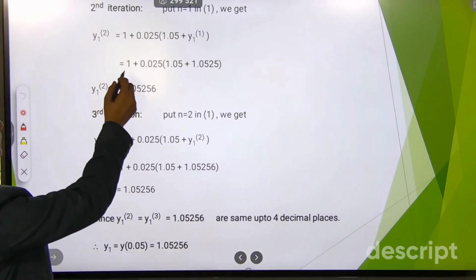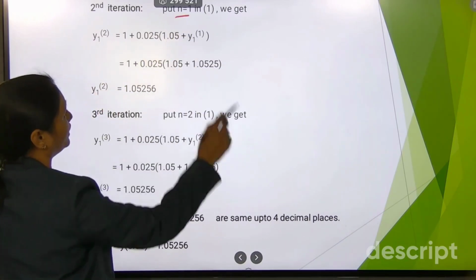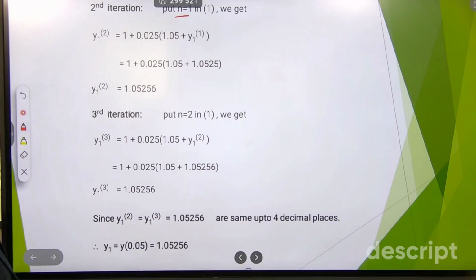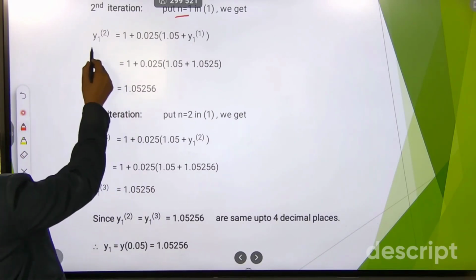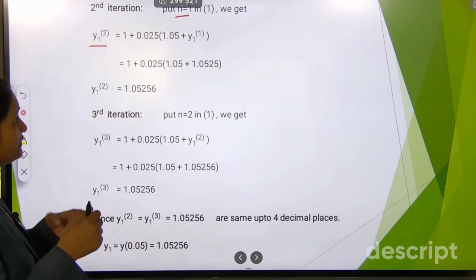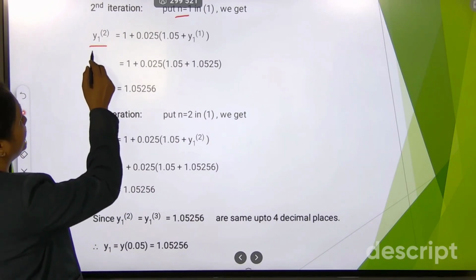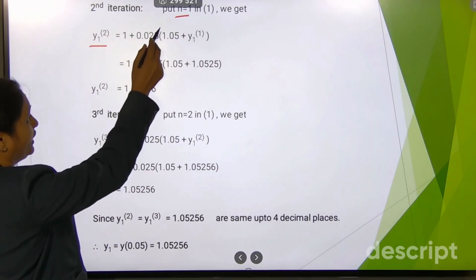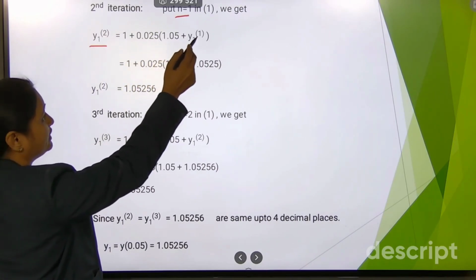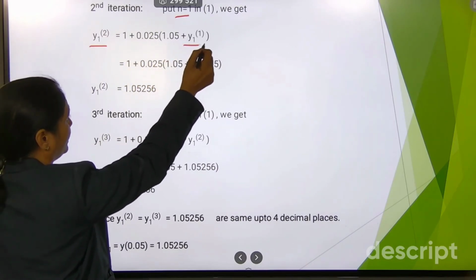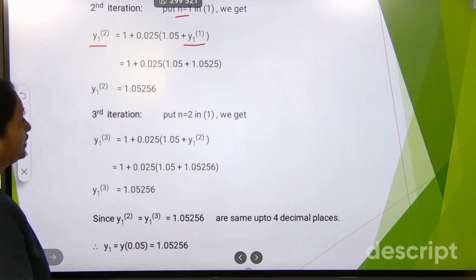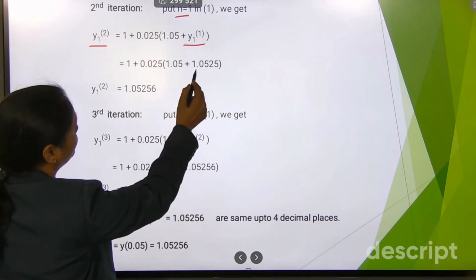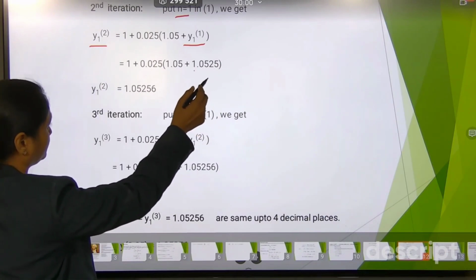Now in the second iteration, put n is equal to 1 in equation 1. So we get y1 2, that means this is our second iteration. In the second iteration, y1 2 is equal to 1 plus 0.025 into 1.05 plus y1 1. In the previous iteration, we got the value of y1 1 as 1.0525.